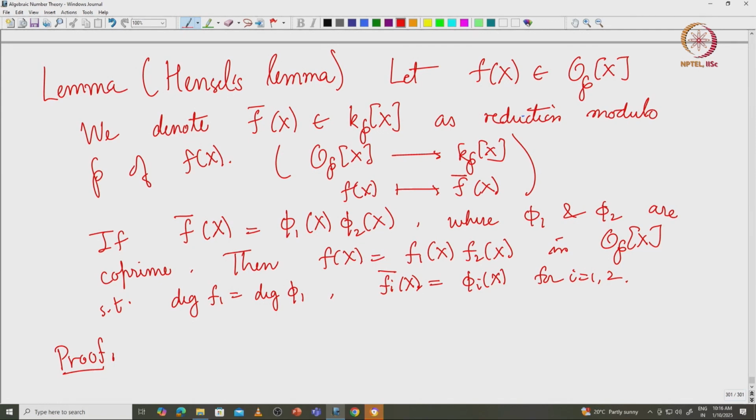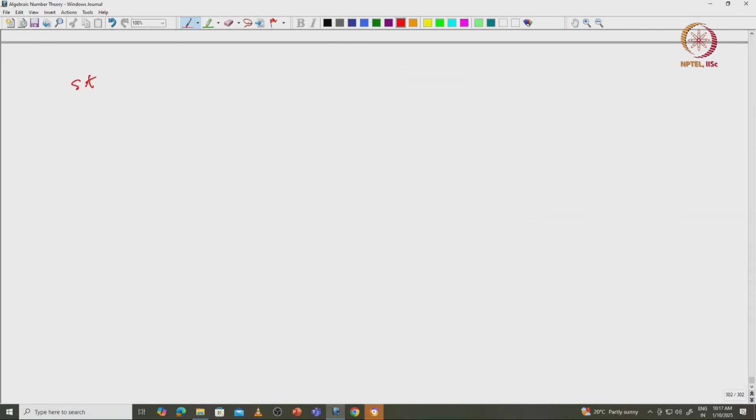So, we construct f1 n of x and f2 n of x for n equal to 1, 2 and so on, such that the following happens.